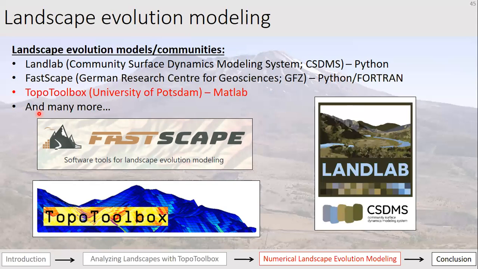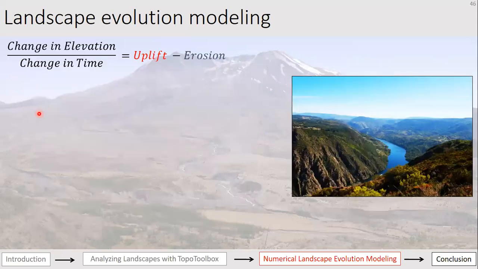To give some examples for Topo Toolbox, I'll back up a little bit and speak broadly about landscape evolution modeling. Even though I discussed it a little before, the general equation for landscape evolution simply assumes that the change in elevation with respect to time equals the rate of uplift minus the rate of erosion.